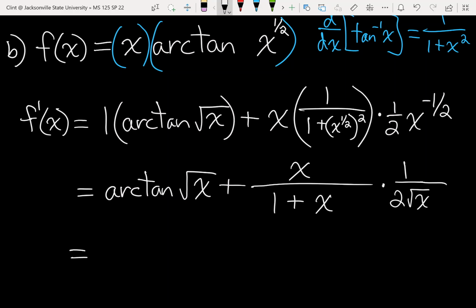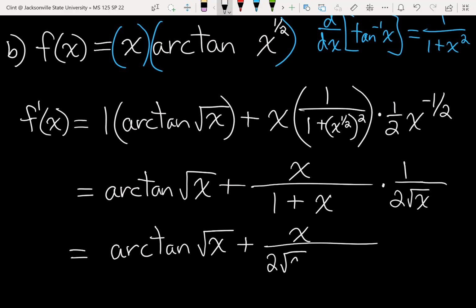So altogether, x over 2 root x times 1 plus x. So, not pretty.